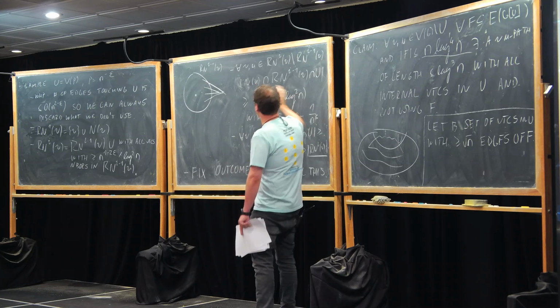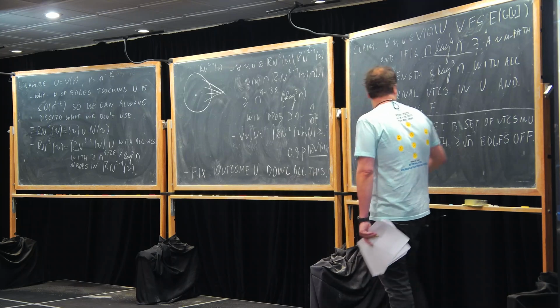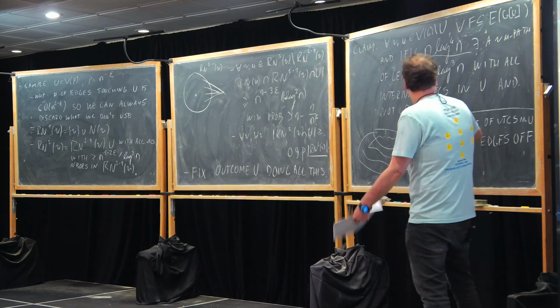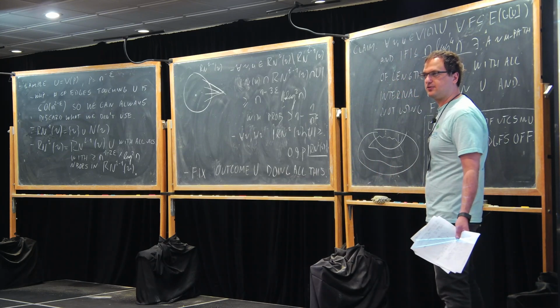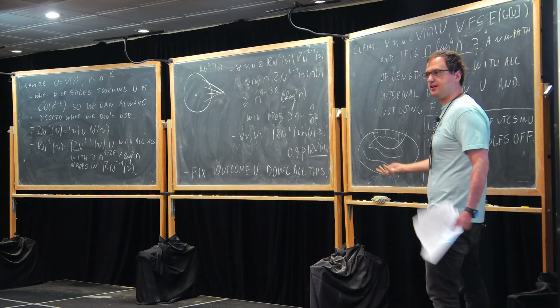So in each of these steps, you can avoid going into this B. And now everyone else who is not in B touches at most root n edges of F. So you can also avoid the F edges wherever you are and still have enough things.